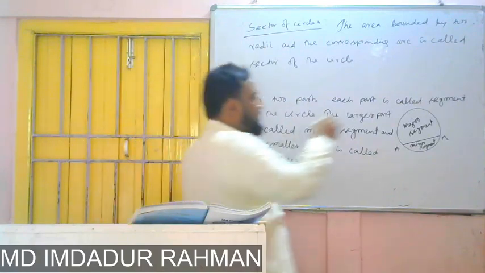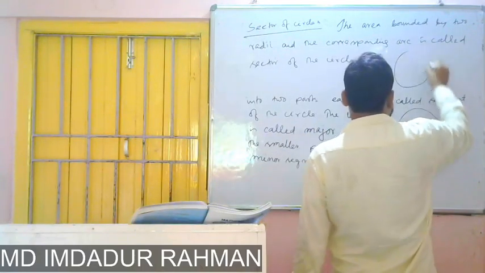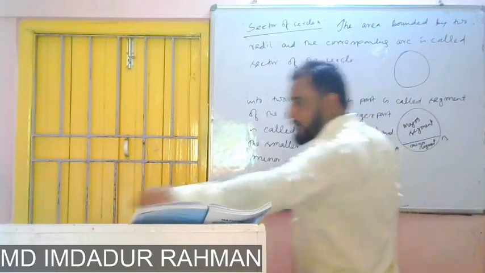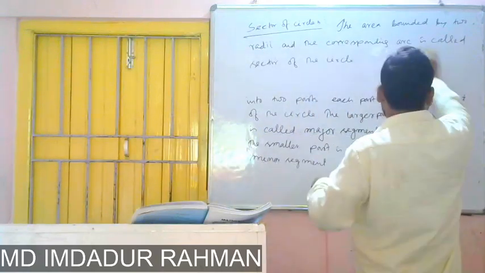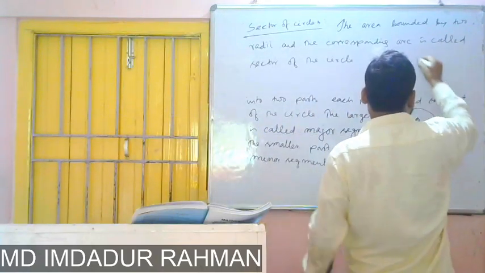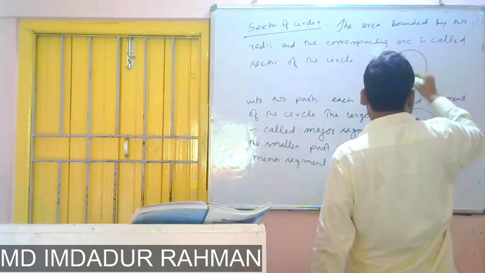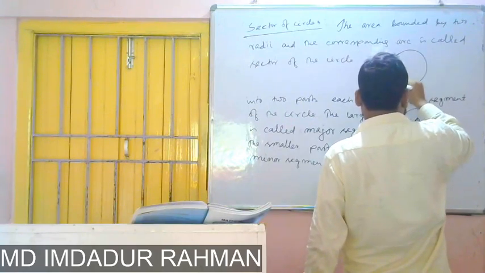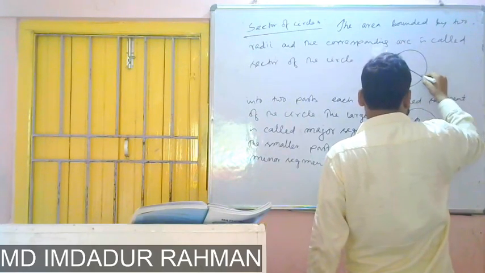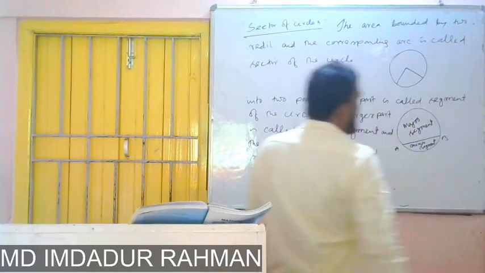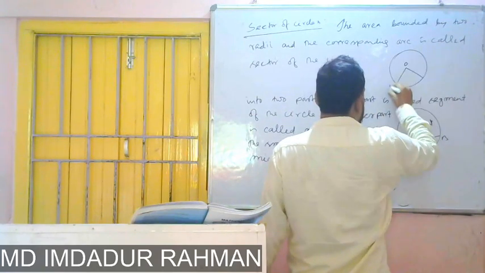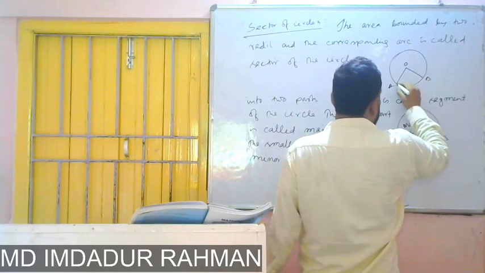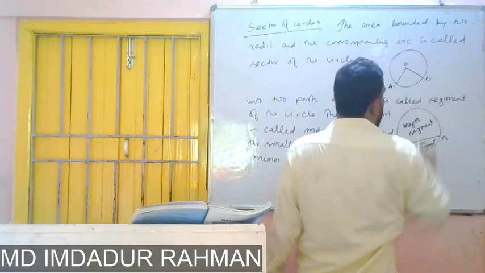Okay, like this. So these are the two radii as I showed earlier, OA and OB, and this is the arc.